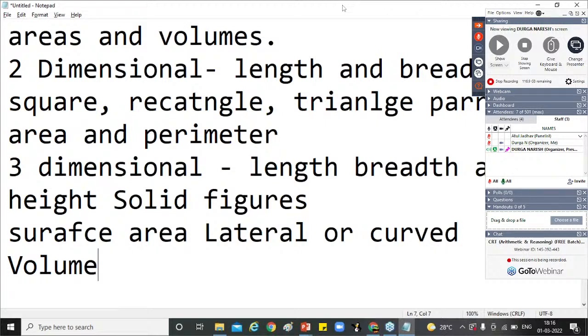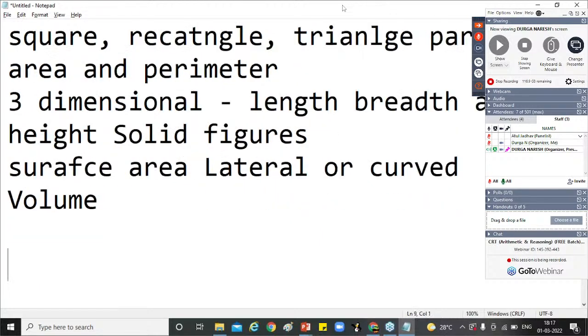Two-dimensional figures are like triangle, square, rectangle. So write on the side heading formulas.